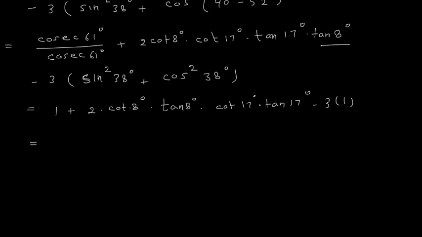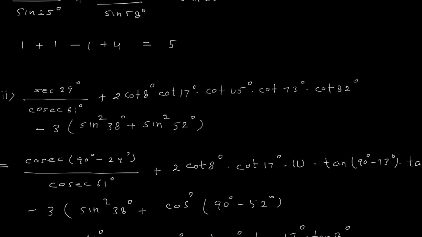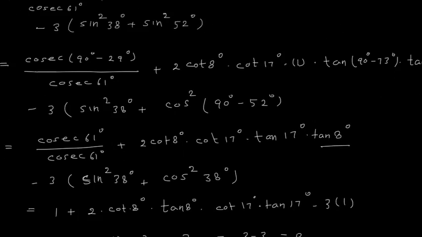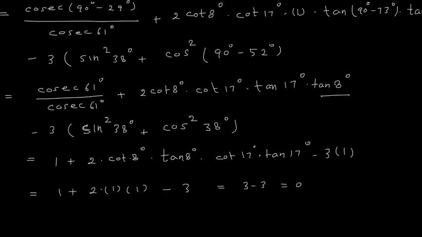So this will become 1 plus 2 into 1, into cot 17 into tan 17 which is also 1, minus 3. So 1 plus 2 is 3, and 3 minus 3 is 0. So this is the answer for this second question. Simple. Okay, now let us move to the next question.